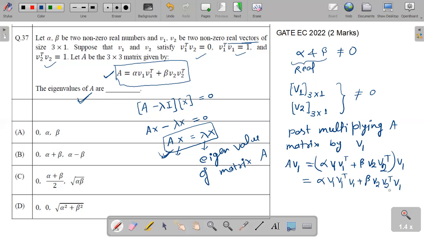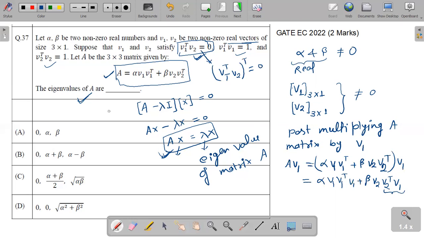Now from the first condition that is given in the question, if you take the transpose of this condition, because here the term is b2 transpose into b1, we are trying to make it in this form, that is b1 transpose into b2. So let us take the transpose of this term, so it converts to b1 transpose b2 equals 0. We take the transpose of this term and here it is 0, so the transpose of 0 is simply 0.